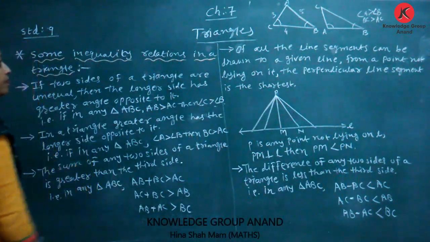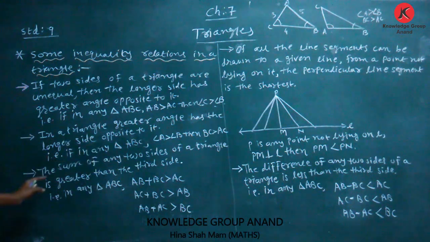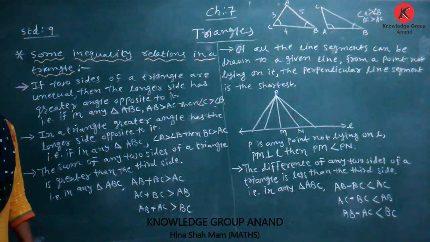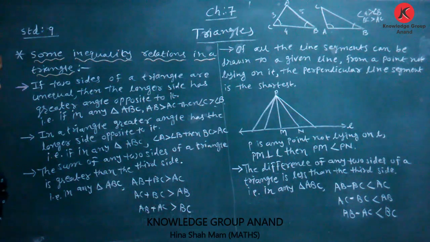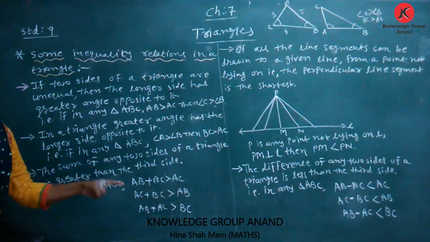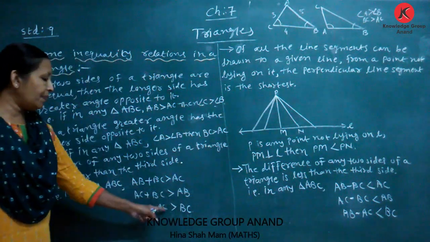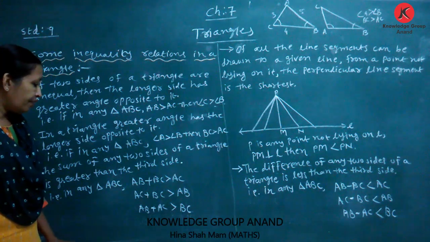Number 3. The sum of any two sides of a triangle is greater than the third side. That is, in any triangle ABC, AB plus BC is greater than AC, AC plus BC is greater than AB, and AB plus AC is greater than BC.